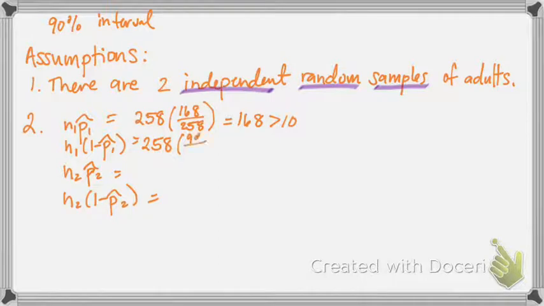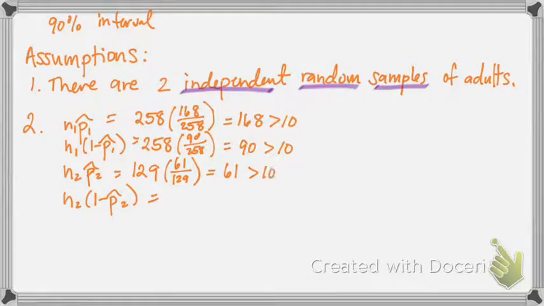So 90 over 258. Then the second sample is 61 out of 129. And what is 129 minus 61? I don't know. 68.